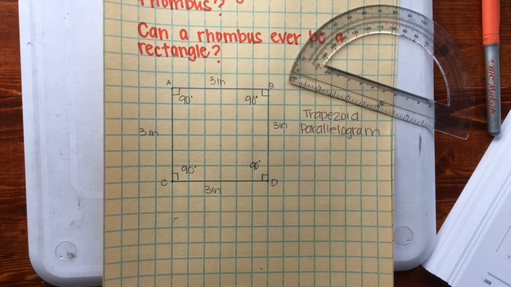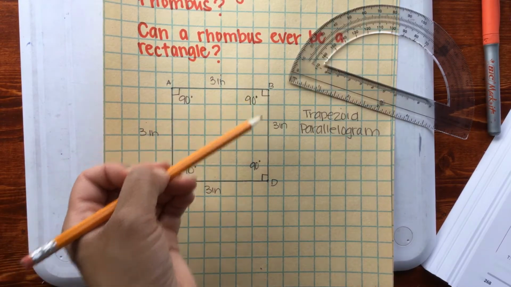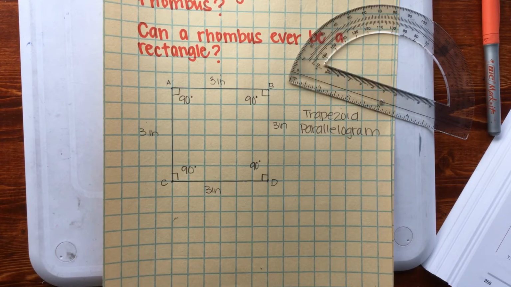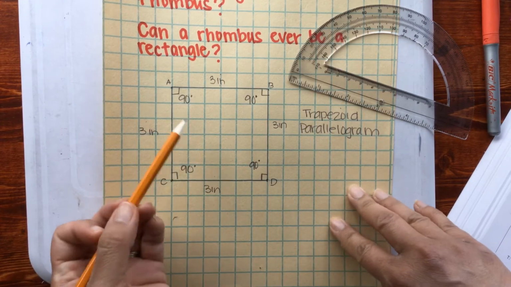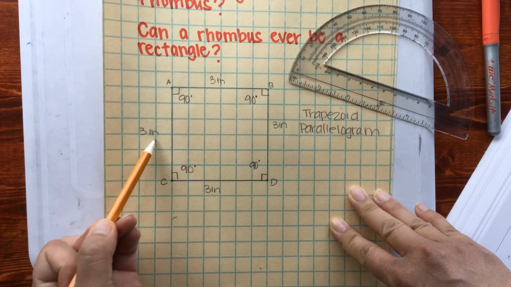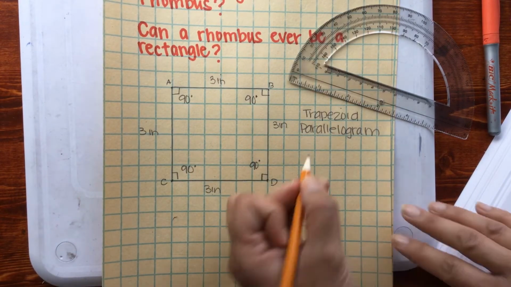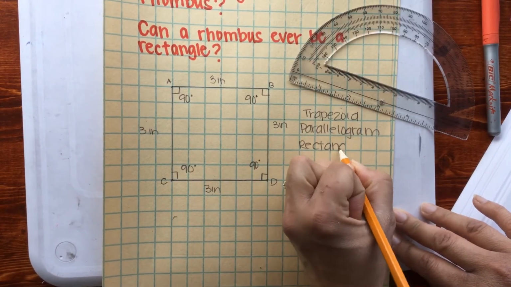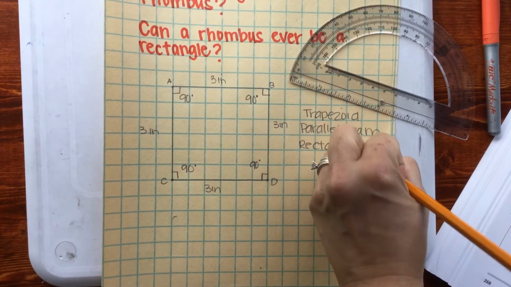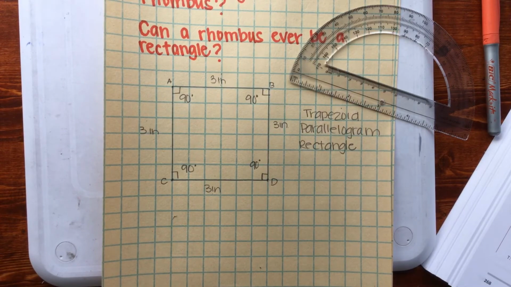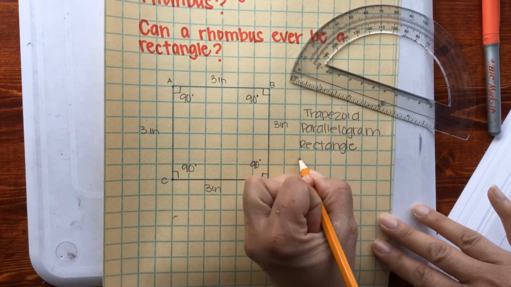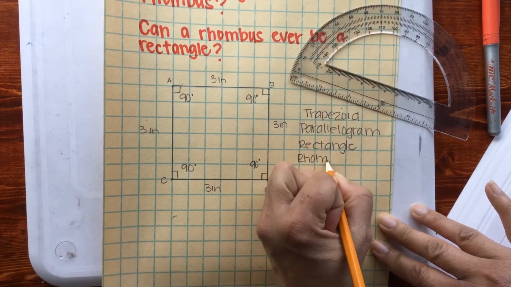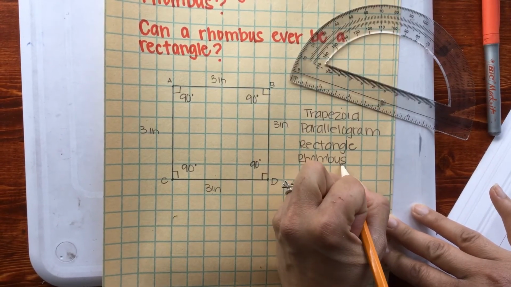When we measured the angles, we saw that it had 4 right angles and 2 sets of opposite equal sides. So these are the same and these are the same. And so we learned the other day that that defines a rectangle. And then since this is a parallelogram with 4 equal sides, we can also call it a rhombus.